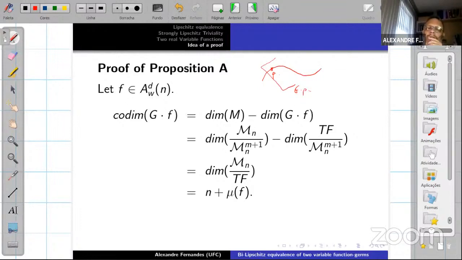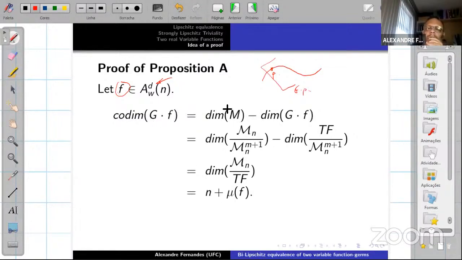If you are weighted homogeneous and with isolated singularity, the dimension of this orbit can be computed in this way. The dimension of this orbit is equal to the dimension of the space minus the codimension of the orbit. Then if you prove that the codimension of the orbit is constant, you prove the dimension of the orbit is constant.